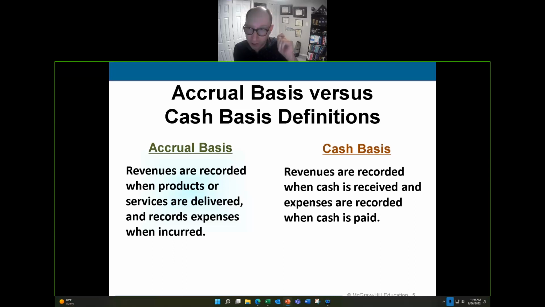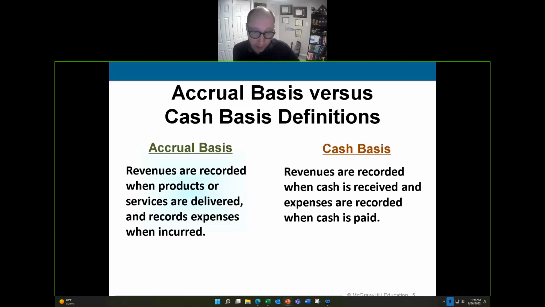So if you see a question on a quiz, for example, that talks about the differences between the two, the best way to think about it is that when you hear the word accrual, it simply means that I record the revenue when it's earned, and I record the expenses when they happened. Accrual. I've accrued the revenue. I've accrued the expenses. That's accrual based.